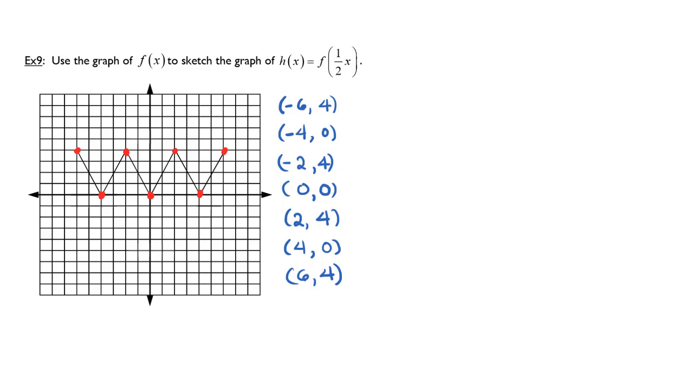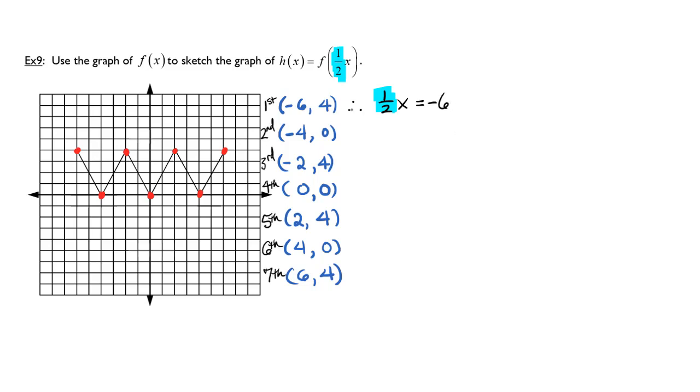Now hopefully you're recognizing that this one is probably going to stretch or expand horizontally, which is what's going to happen. So we take 1/2 of x, that's the part that's been scaled inside the function, and we set that equal to the horizontal value, which is -6 for the first coordinate point.